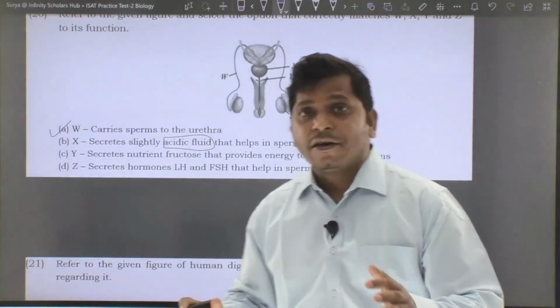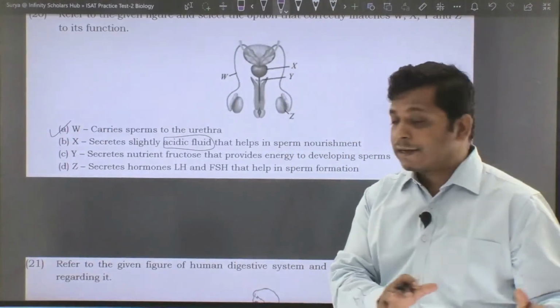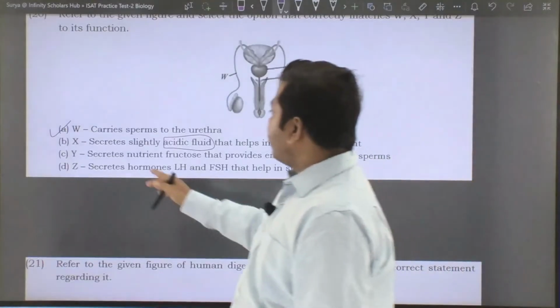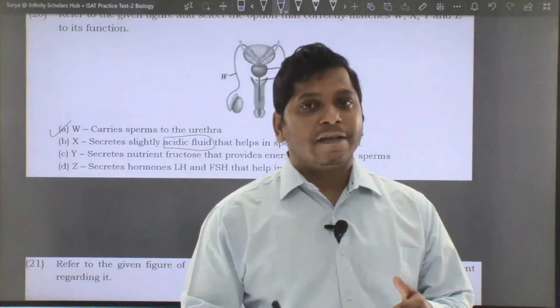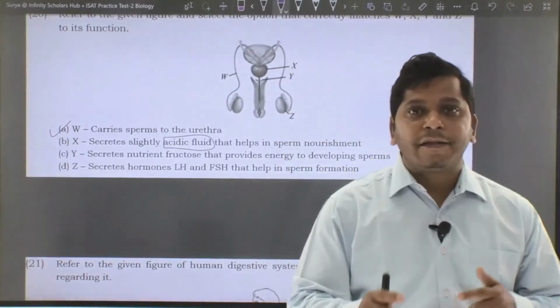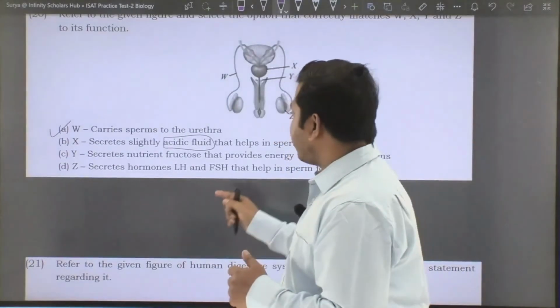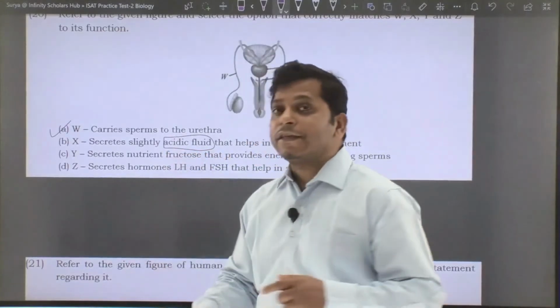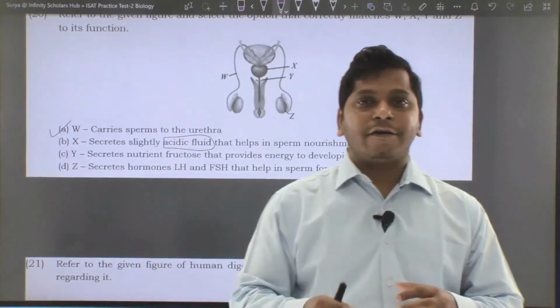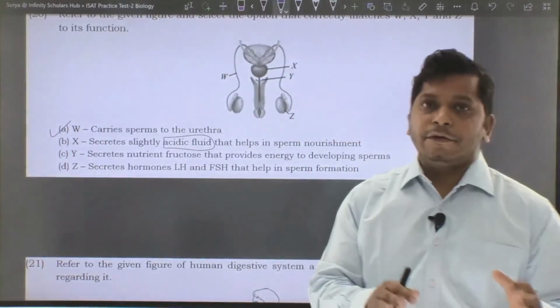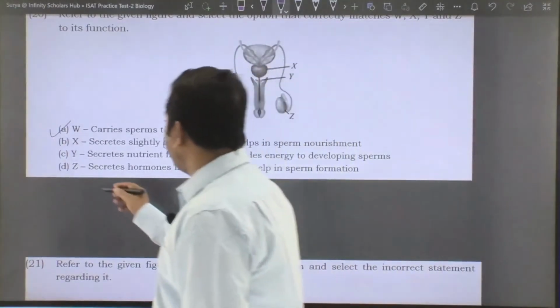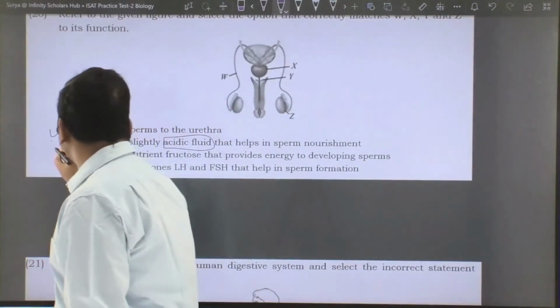So it is acidic. Sperms do not like an acidic environment, and they cannot swim in it. So the semen is alkaline, to counteract or nullify the low pH in the vagina. So this is the incorrect option.